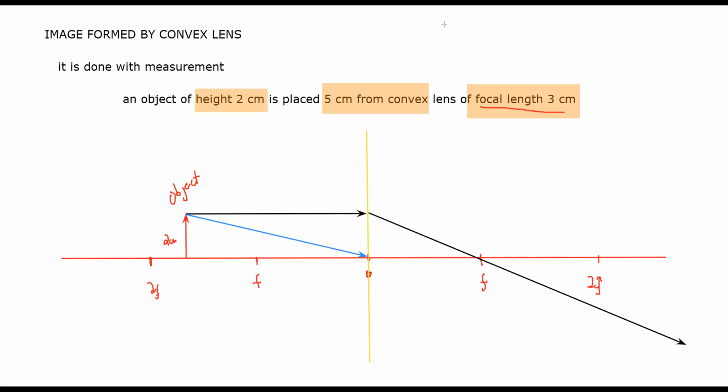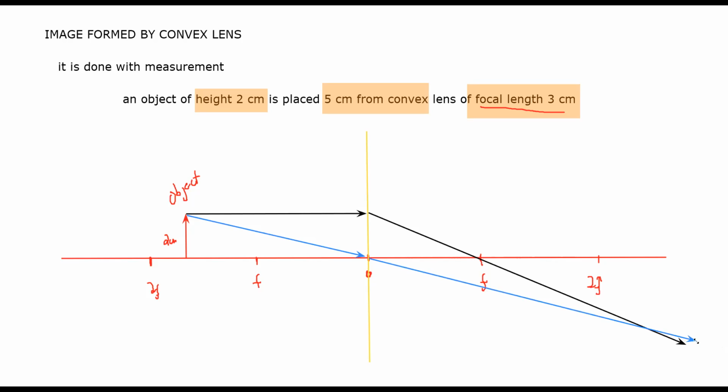Number one, parallel. Number two, passing through the focus. Number three, passing through the center of the lens. So only two you have to consider. The first one, we took parallel. The second one, we are taking passing through the center of the lens. This is the center of the lens. If it is passing through the center of the lens, it will pass straight.